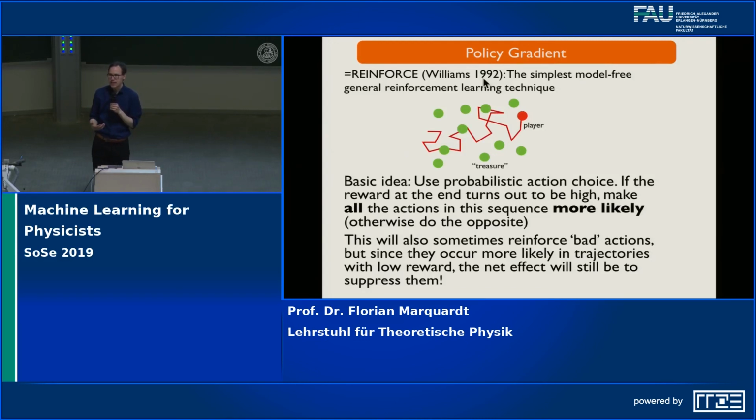Ideally, these should be the actions that have contributed to a large reward. But how do you know which actions have contributed to a large reward? This is actually not what is being done. It's not that the network somehow figures out, oh yes, this was a really good action and that was a bad action. Rather, what is done is the following. You just run this so-called policy, so you do whatever your strategy is with the present network, with the present probabilities.